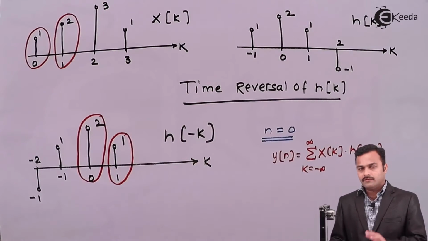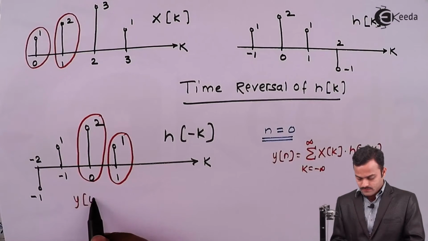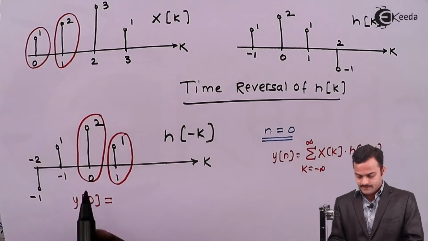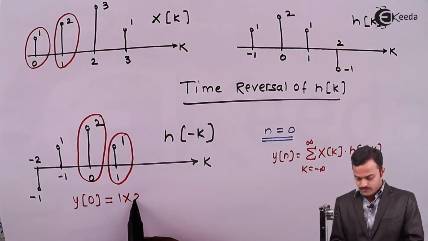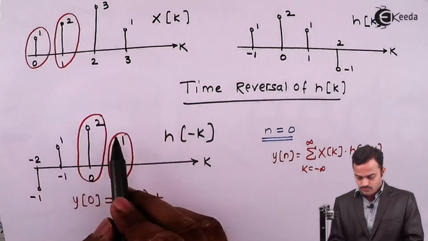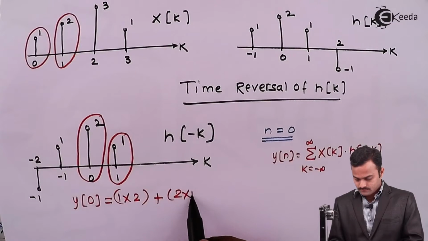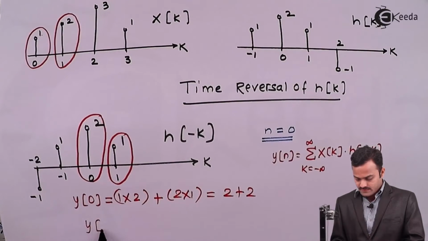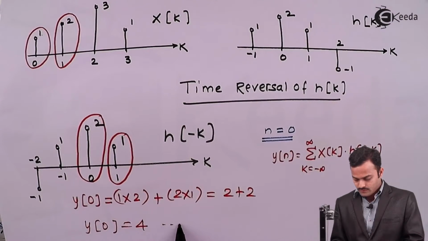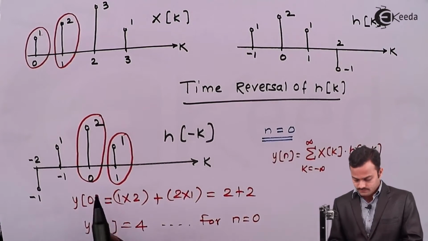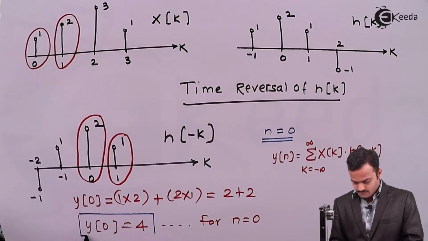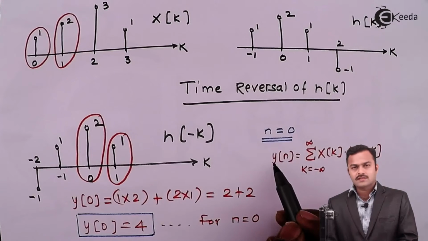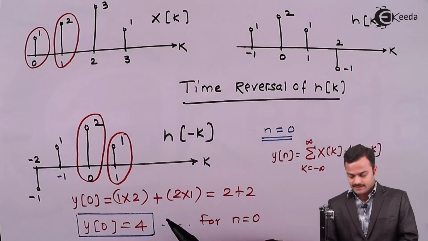So in all I get 2 sample points common between them, so y of 0 I can say is 1 multiplied with 2 plus 2 multiplied with 1, which is nothing but 2 plus 2, and I say y of 0 is 4 for n equal to 0. So the first output sample I am getting like this.